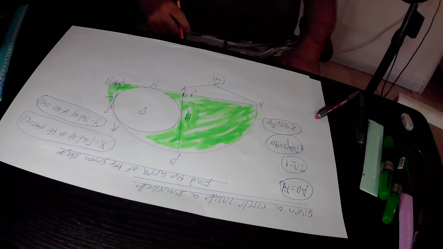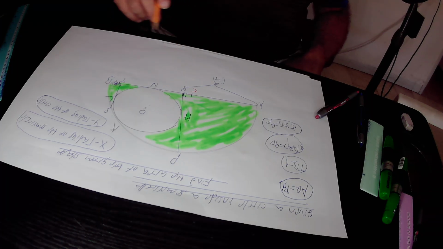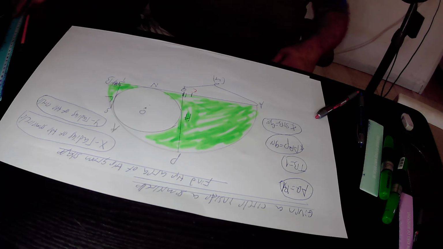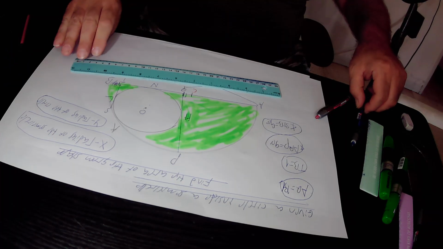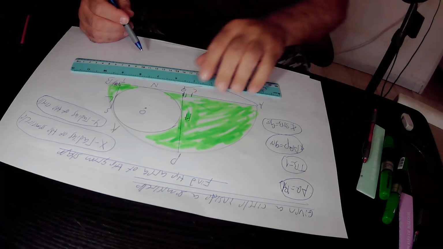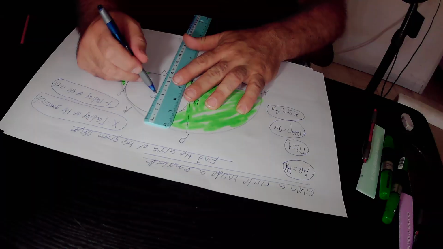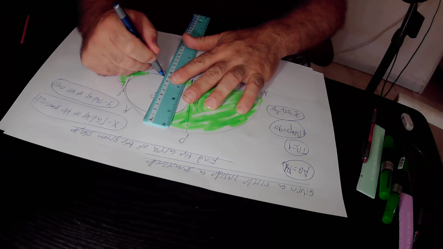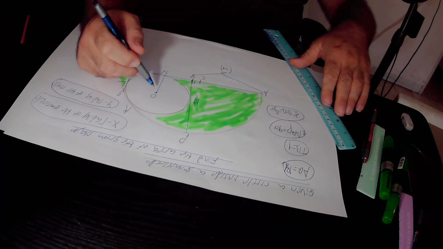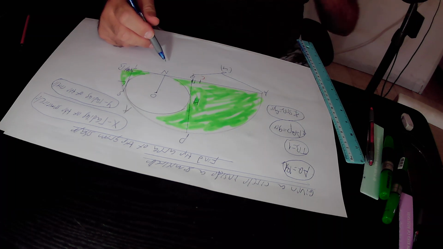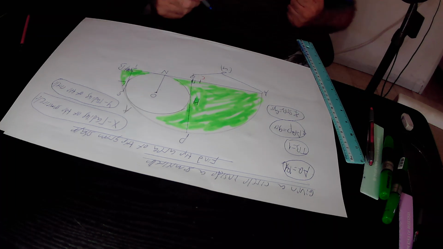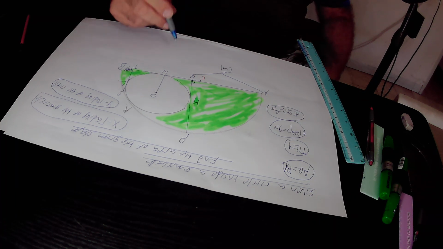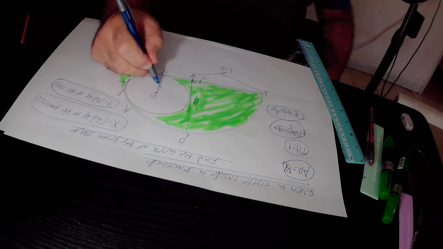In the next step, we will join points O and N together by a straight line. Point O is the center of this small circle, point N is a point on the small circle itself, therefore ON is the radius of this small circle. This is equal to y, according to our definition.